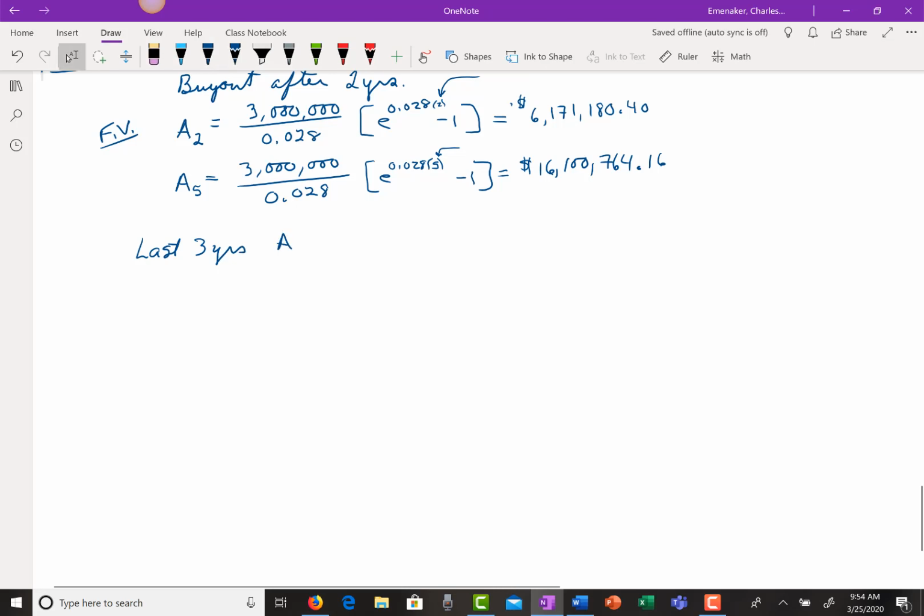are going to be whatever the amount was for the total contract minus the amount that the player's already been paid.